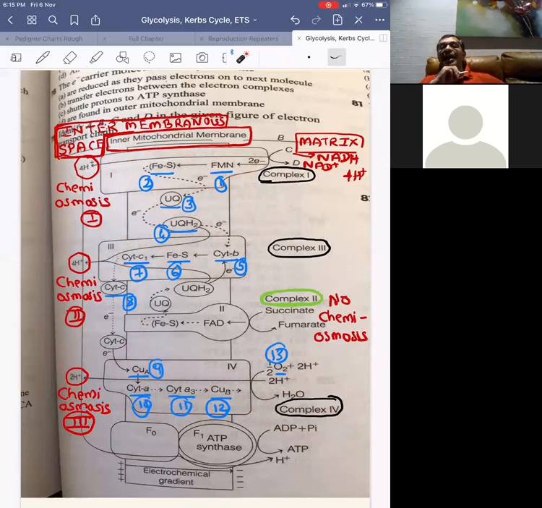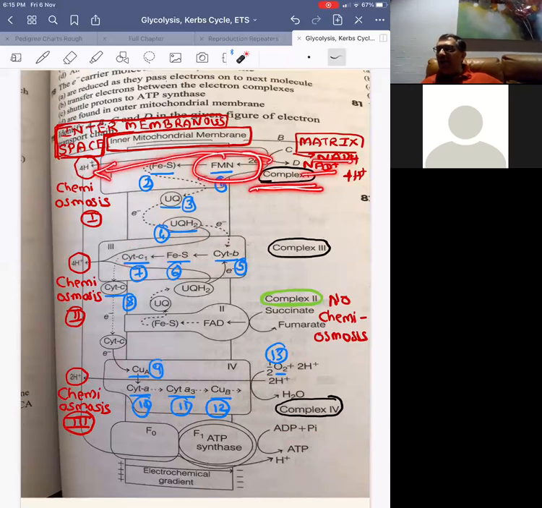And बहुत ध्यान से, याद है NAD और FMN के बीच में एक ATP बनाया हमने, which we called complex 1.